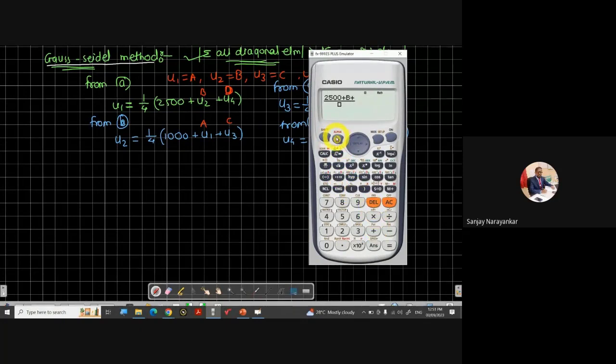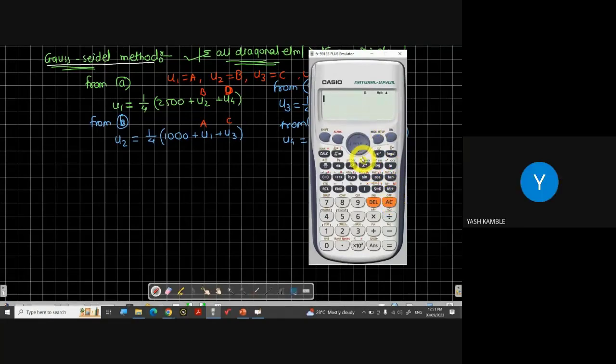Plus alpha D, over 4. So this is the equation for U1. Then you have to press calc and substitute the values of B, D, and you'll get the answer. Is that okay?